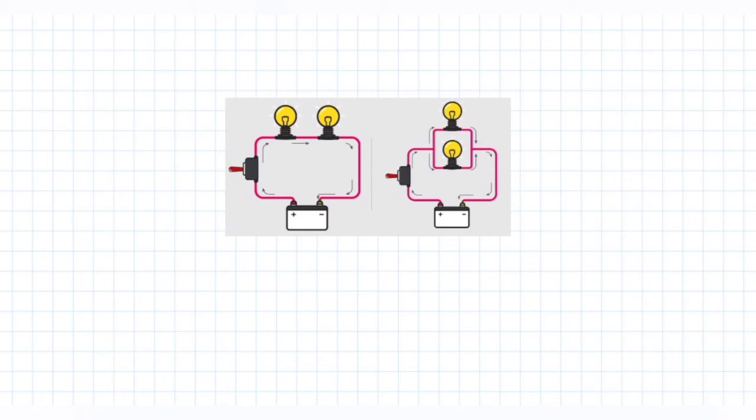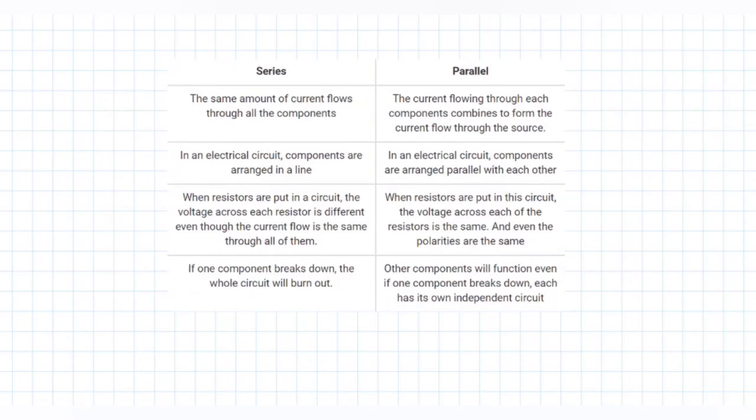So moving on, in series combination, we have studied that the same amount of current flows through all the components. That is, current I is flowing through the resistors or bulbs if you are considering. Second point, in an electrical circuit, components are arranged in a line.